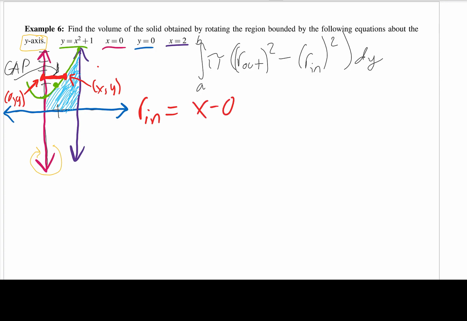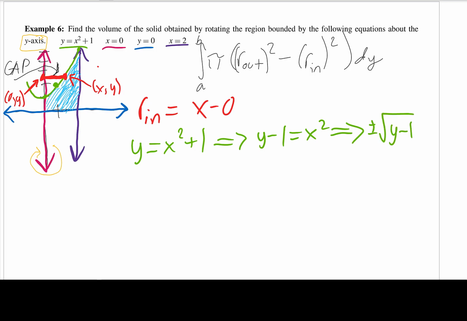Because we want things in terms of y, we need to use the fact that y is equal to x squared plus 1, which means that y minus 1 is equal to x squared, which means that plus or minus the square root of y minus 1 is equal to x.